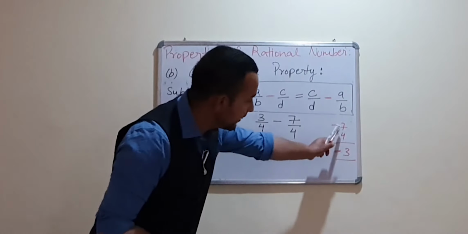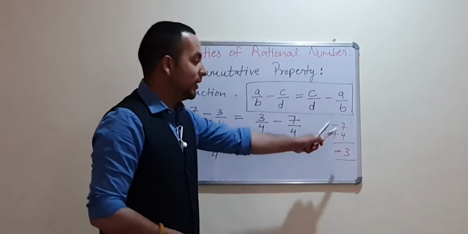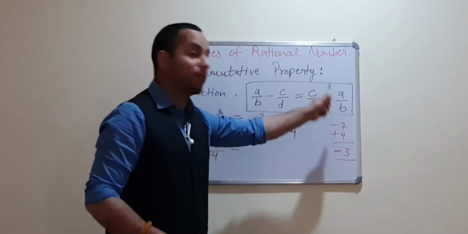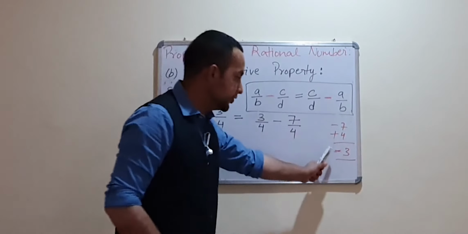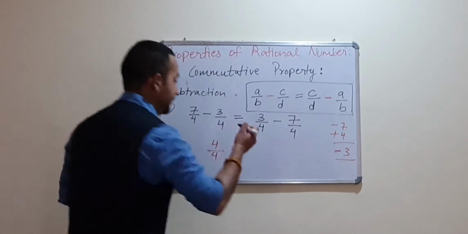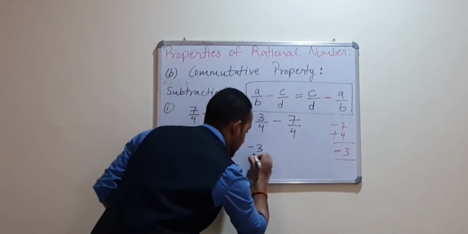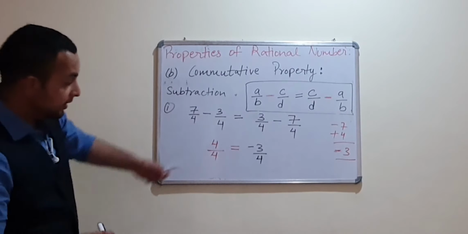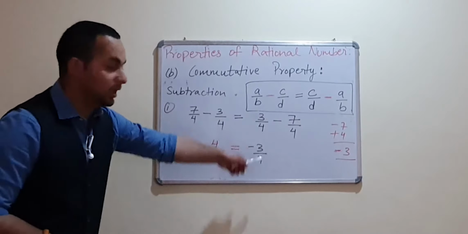Because the number 7 is the greater number. When we compare 7 and 3, the greater number is 7, and in front of 7 there is a negative sign, so the result is negative. So this is 4 upon 4, and this is negative 4 upon 4.